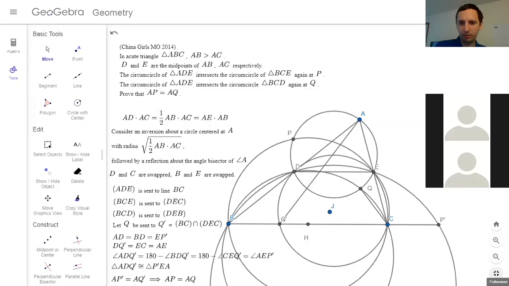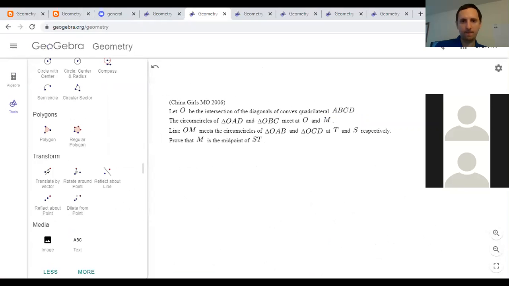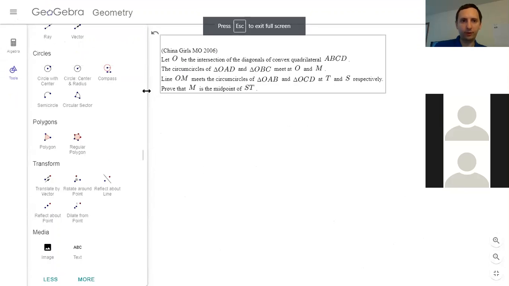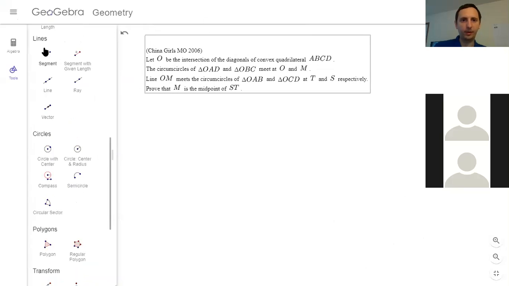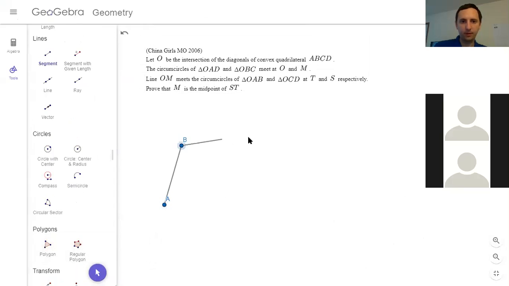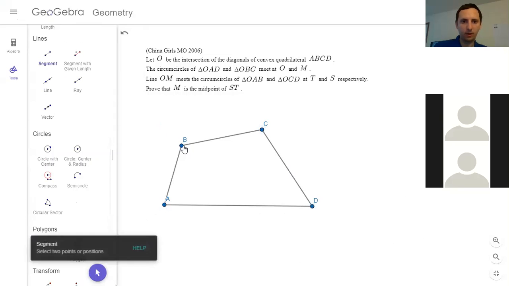All right. So let O be the intersection of the diagonals of ABCD.